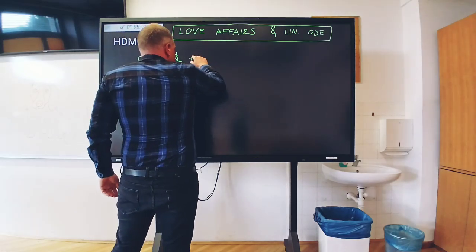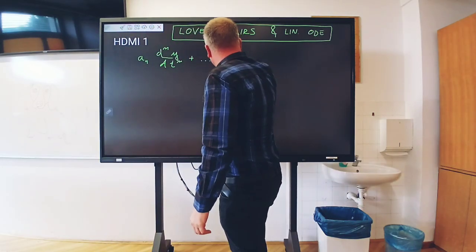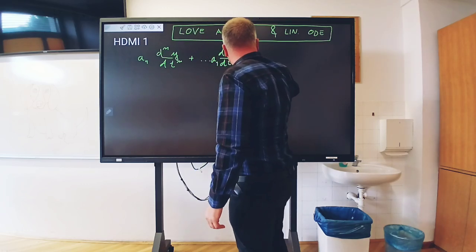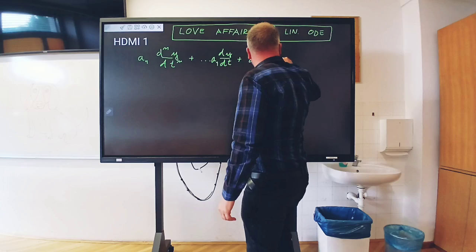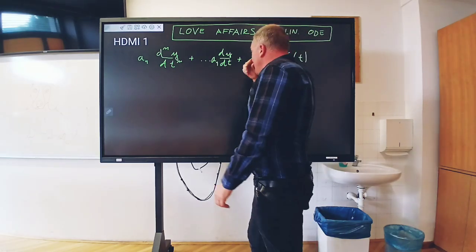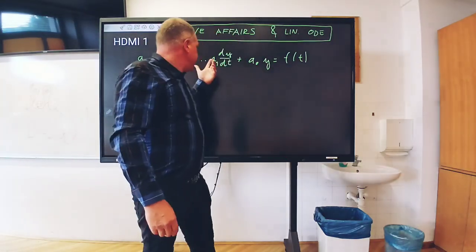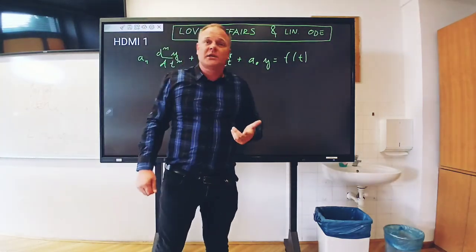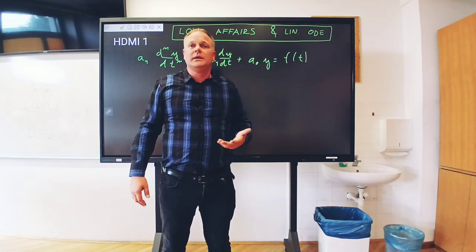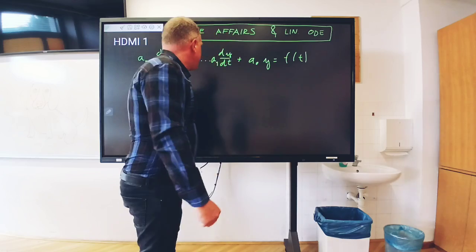Plus dots, always dy/dt times a1 plus a0 y is some function f of t, time. And any equation of the nth order can actually be transformed into a system of linear ordinary differential equations. And you can again ask AI how to do that.